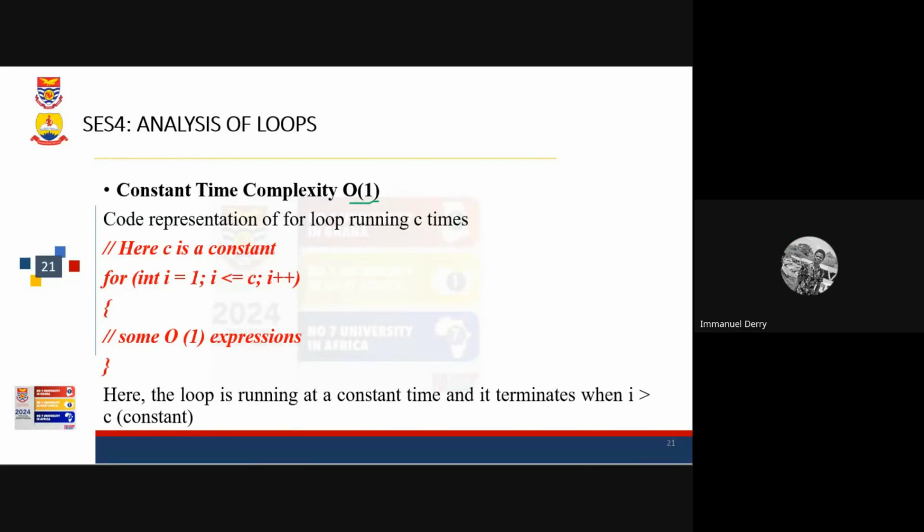Yes, but let me add this. I don't know if you are seeing the screen, but we have a comment here, some big O of one expressions. In as much as this will determine the constant time operation, what you put in the loop body also has an effect on the entire loop.